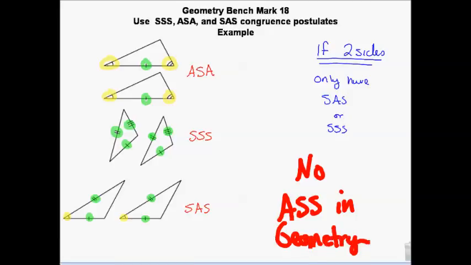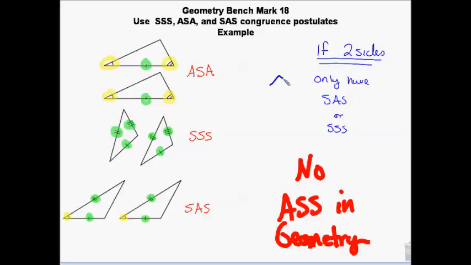Okay? Angle, side, side does not exist as a congruence theorem. We don't have bad words in geometry. Okay? And it's not just that it doesn't exist because it's a bad word, like they didn't just decide, oh, we can't use that one because it's a bad word. No, it actually doesn't work.